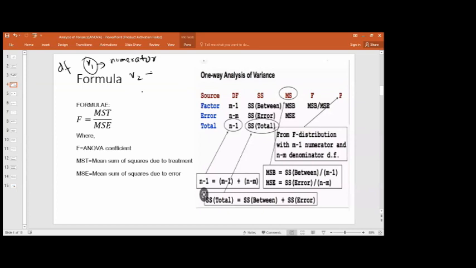And alpha is the level of significance. For example, I take the level of significance 0.01. We will check this in the table, which will be provided online. We put 0.01 and the degrees of freedom, for example 4 and 10, right?